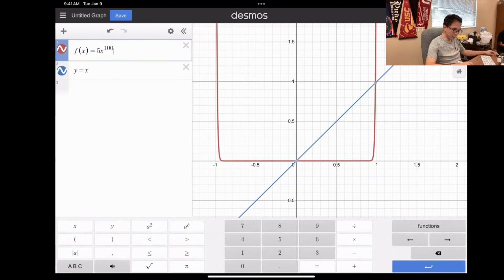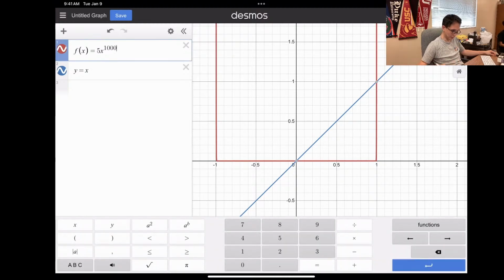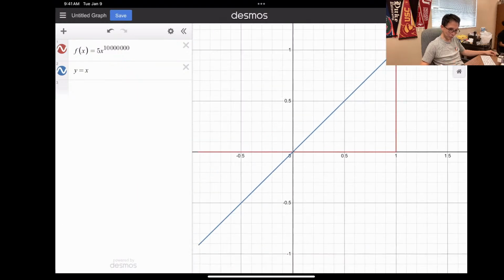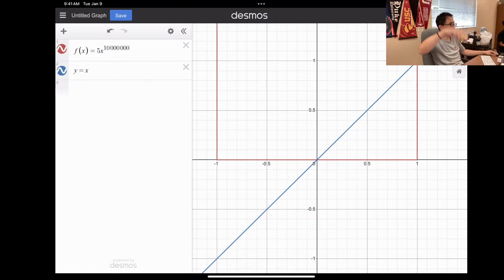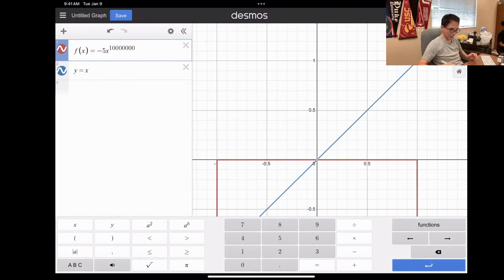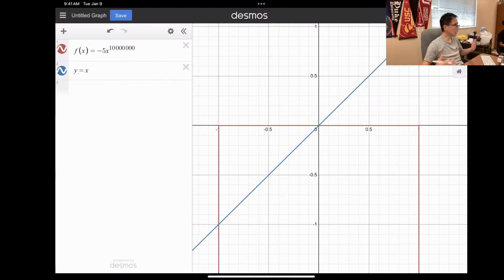The more zeros I put here, it becomes almost a straight line. It's gonna be like a perfect U shape, more like edging. They become like 90 degrees. It was supposed to be round, and the higher the degree gets, it goes like this. And if I put a negative sign in front of it, it's face down. Not rocket science.